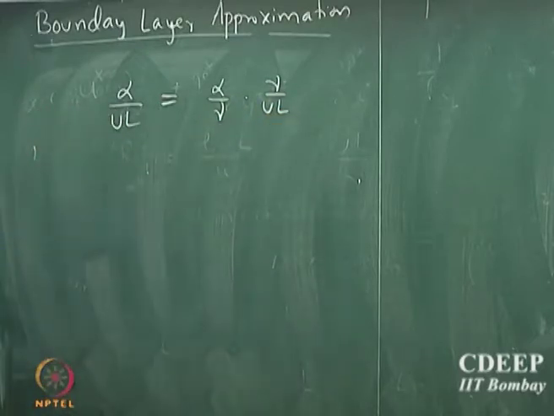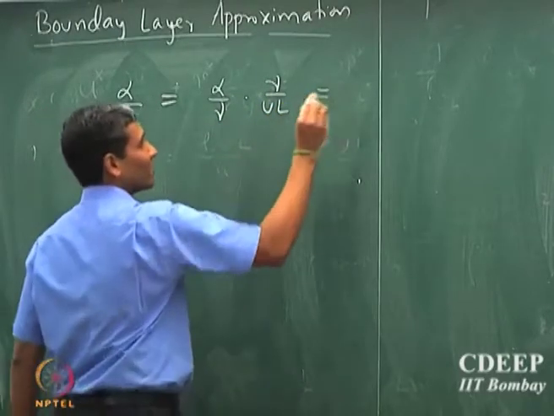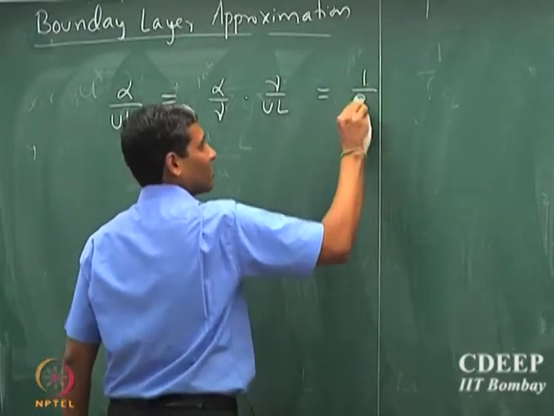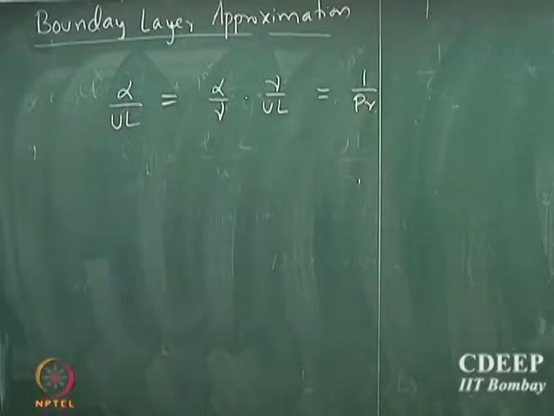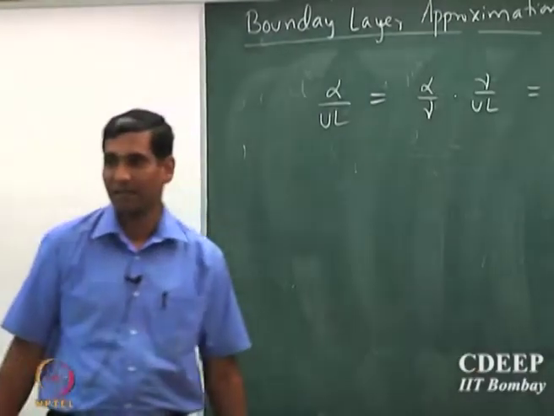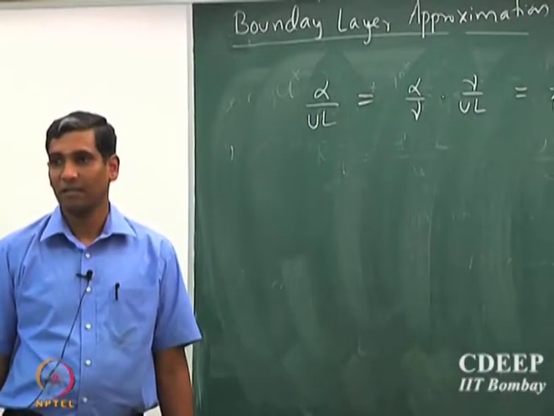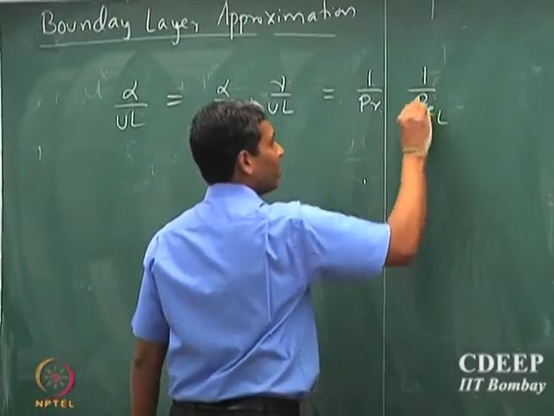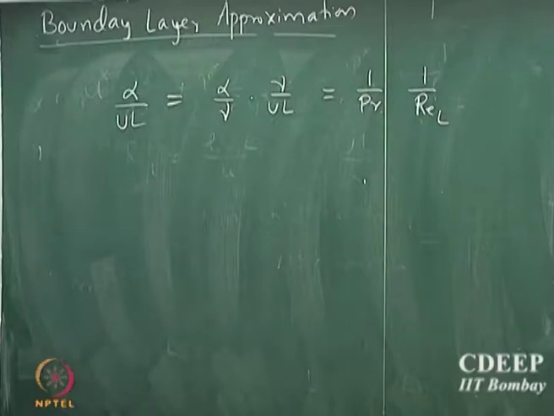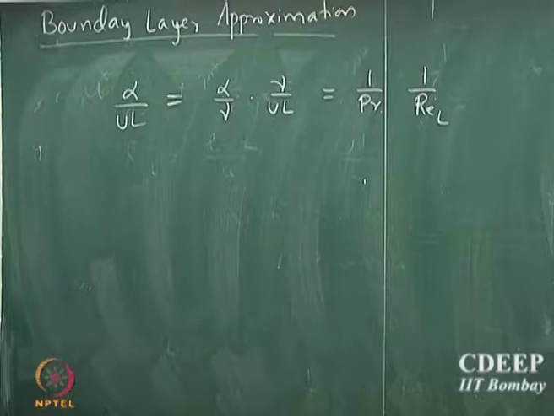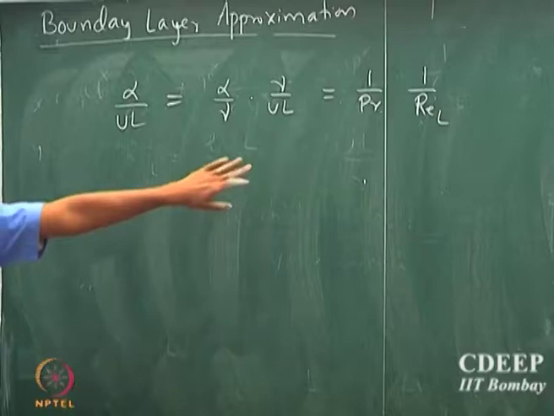What is alpha by nu? So this is one by Prandtl number. What's nu by UL? 1 over Reynolds number, right? So this is 1 by Prandtl number into 1 by Reynolds number. This is 1 by Prandtl number, not Prandtl. Okay? Yeah? 1 over Peclet number. Prandtl into Reynolds is Peclet number.